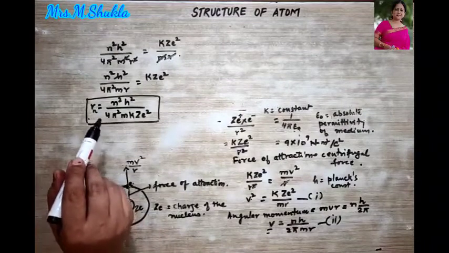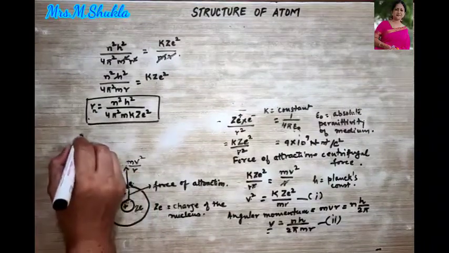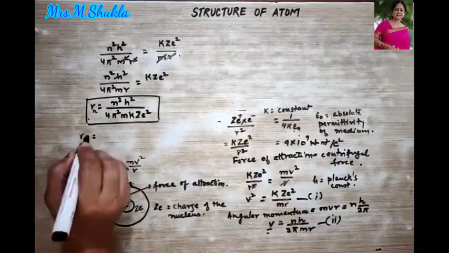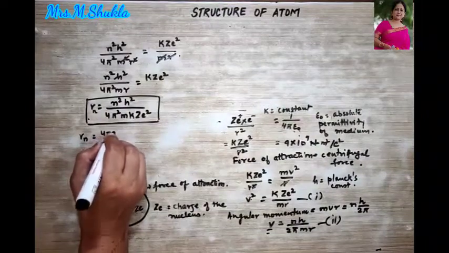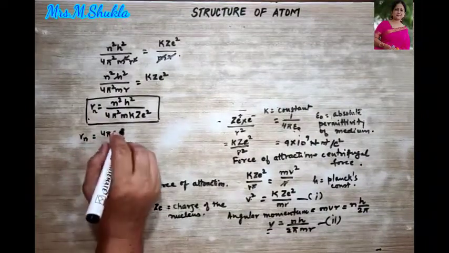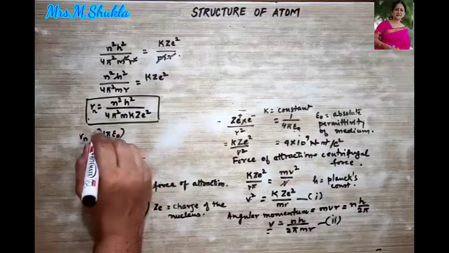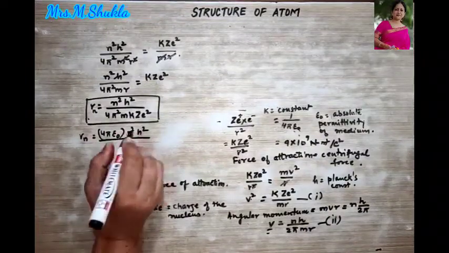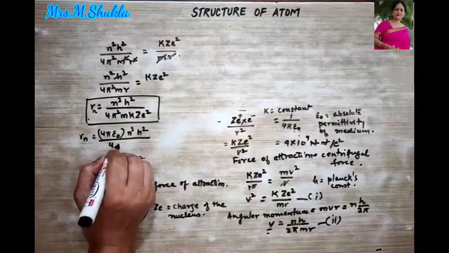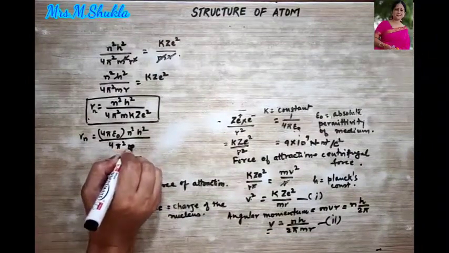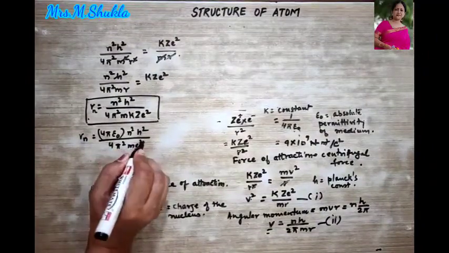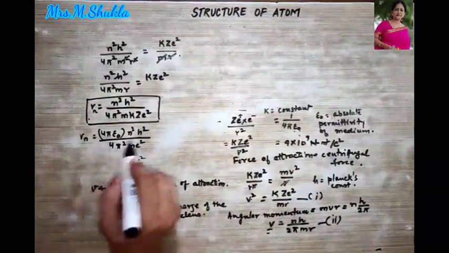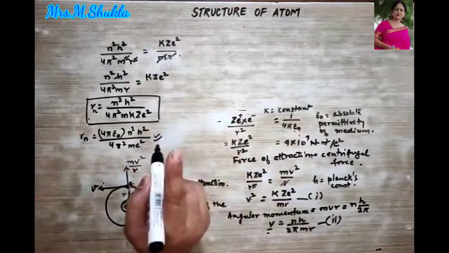The formula that I had written earlier was Rn is equal to 4 pi epsilon naught n square h square upon 4 pi square m e square. Okay, this was the formula that I had written earlier.